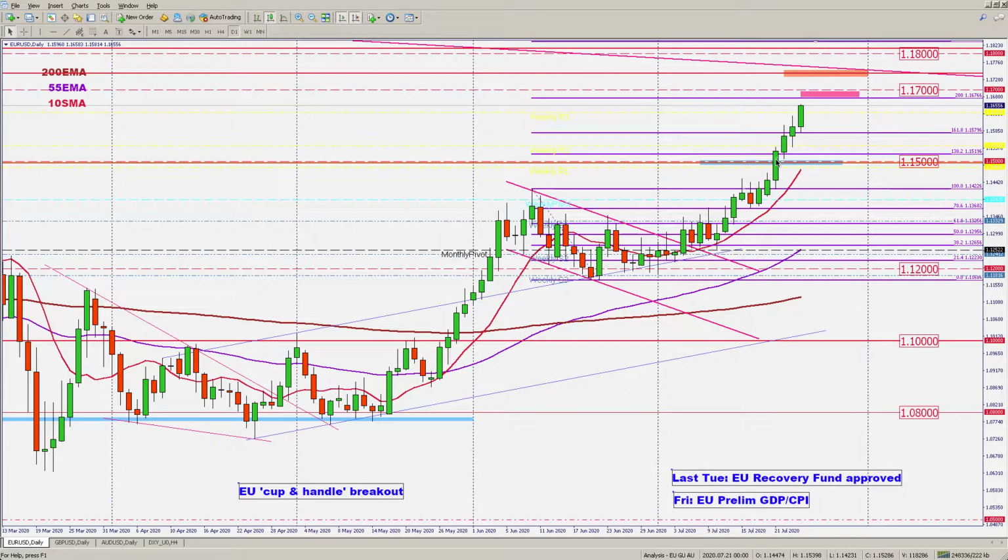This gave a boost to the euro. That's when it broke through the 115 level and continued to rally through the end of the week.